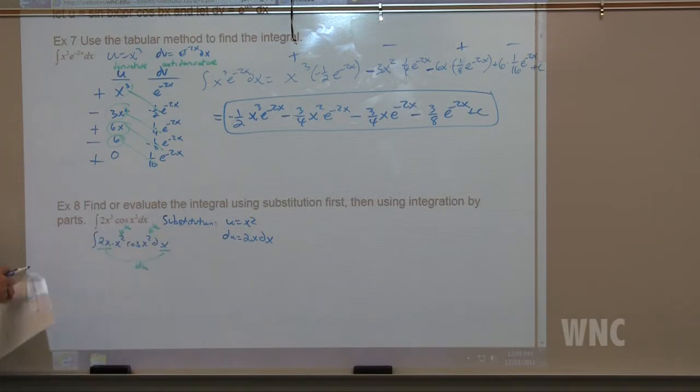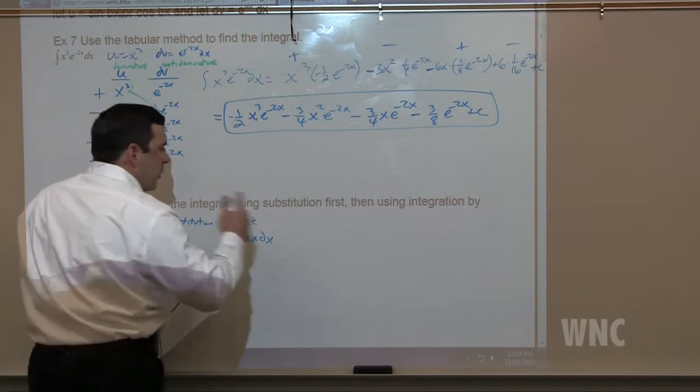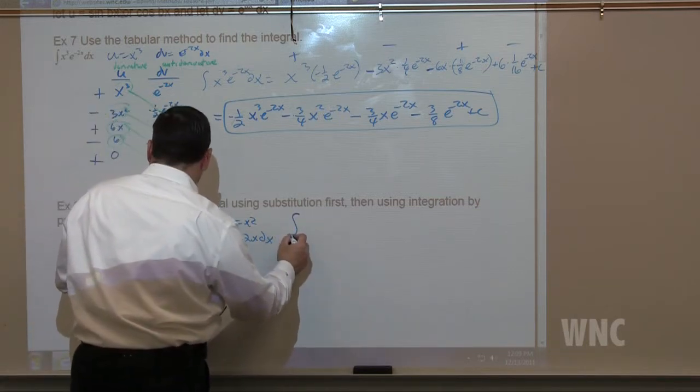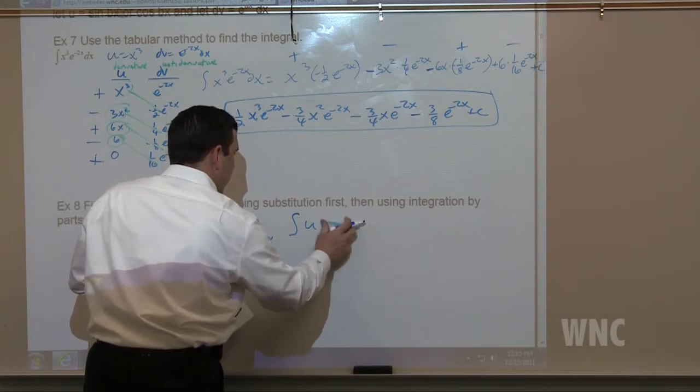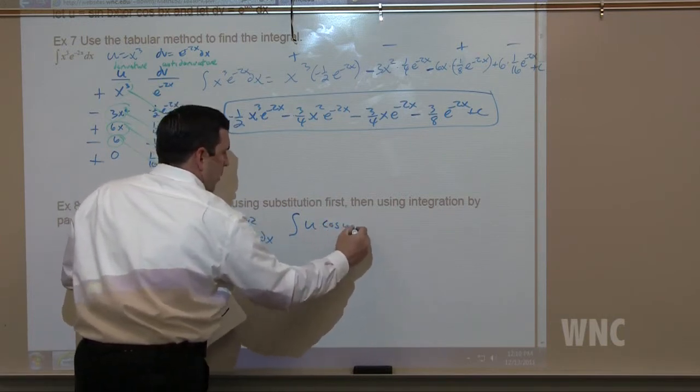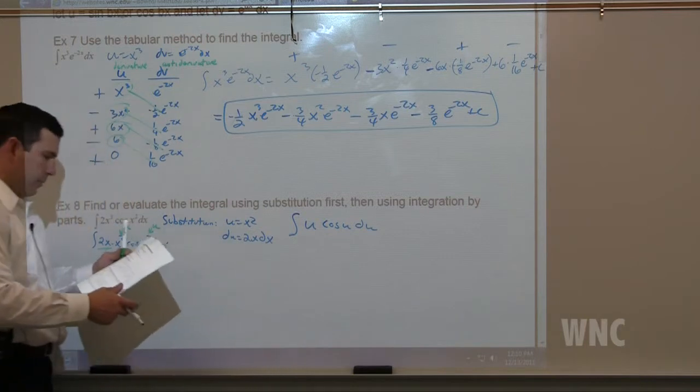Now the problem with this, I've used u, so I couldn't use uv when we go to the next step. We have the integral of u cosine u du. That's what we have.